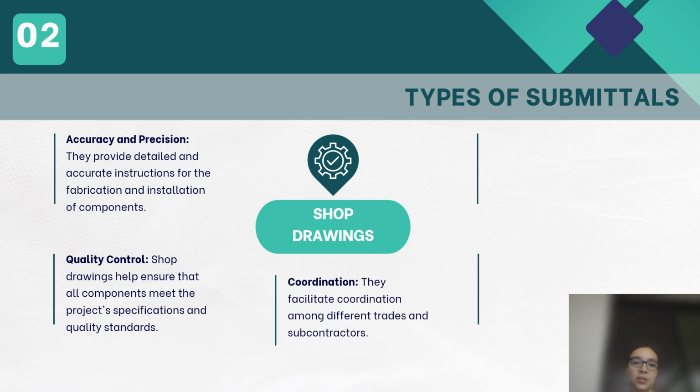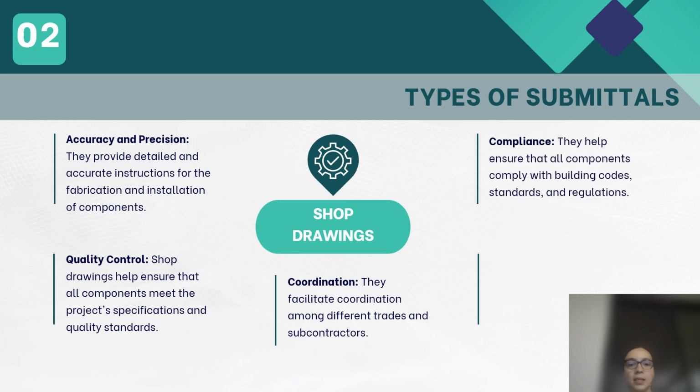The coordination, shop drawings facilitate coordination among different trades and subcontractors, ensuring all parties work together seamlessly. The next one is compliance. They ensure all components comply with building codes, standards, and regulations, preventing legal and safety issues.